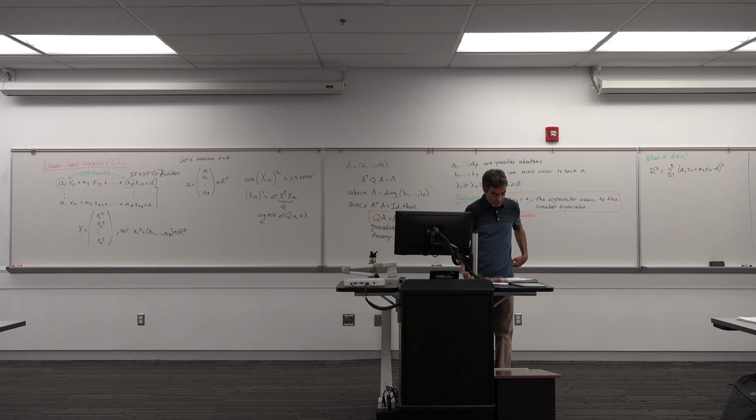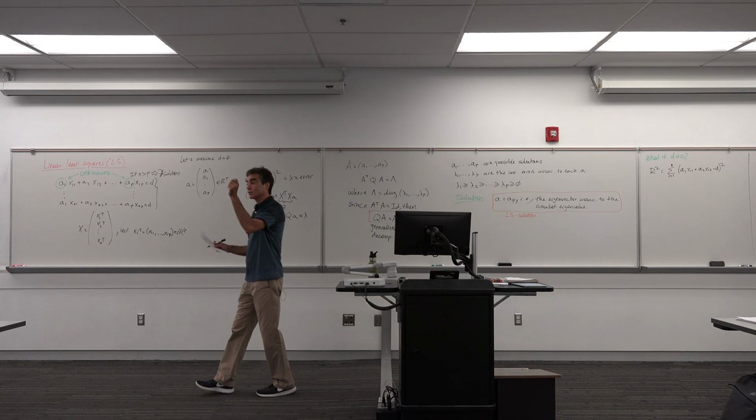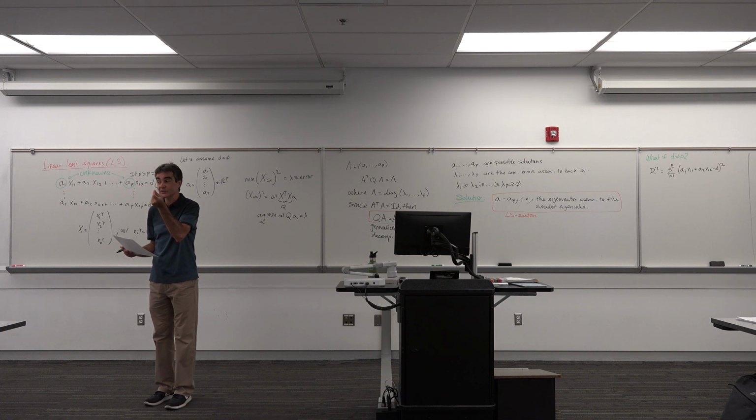OK. So I want to find the value of a that gives me the minimum value for r squared. How can I do this? Well, we know of a method to do that. We can take the partial derivative of this equation with respect to the parameters. And which is the new parameter I have? D. I don't have a solution for d.